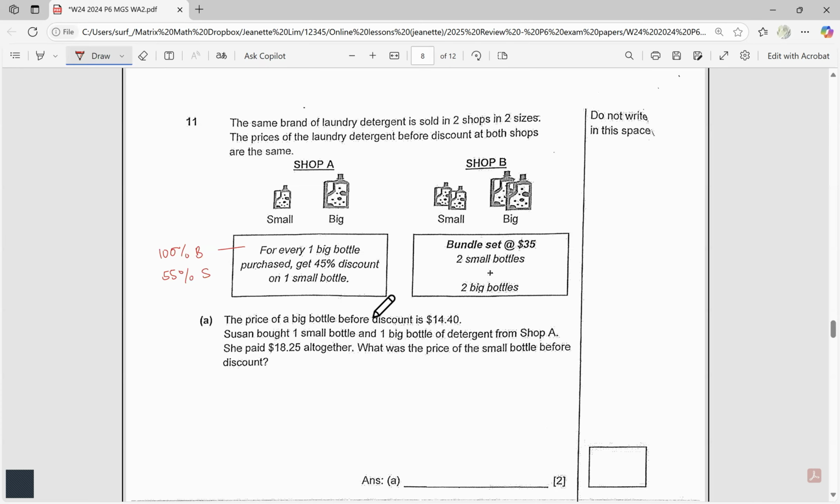So what we do is we take 18.25 minus the original price of the big bottle to get the small one, which is at a discounted price.